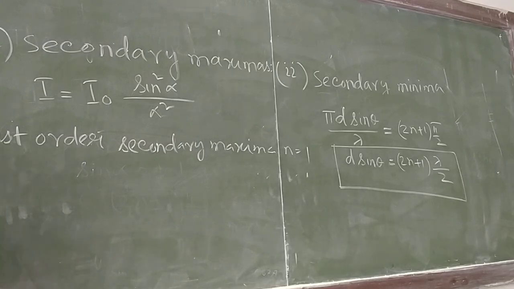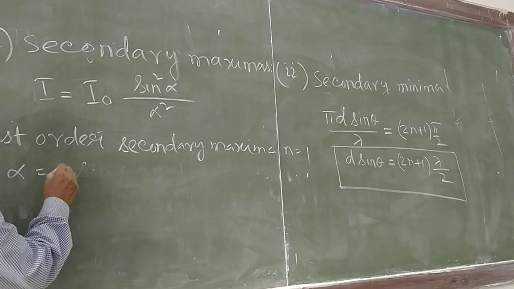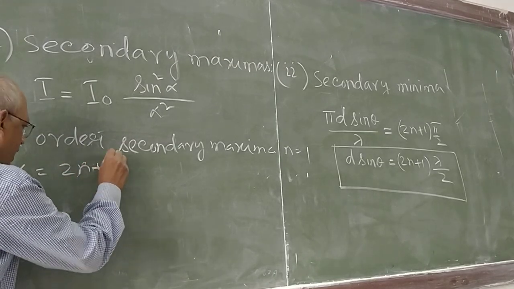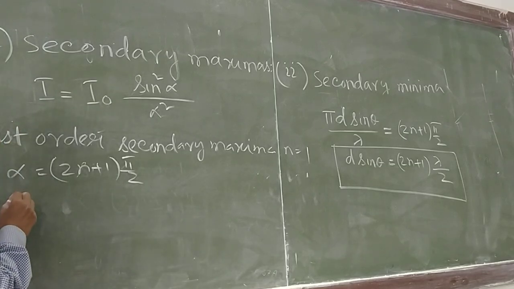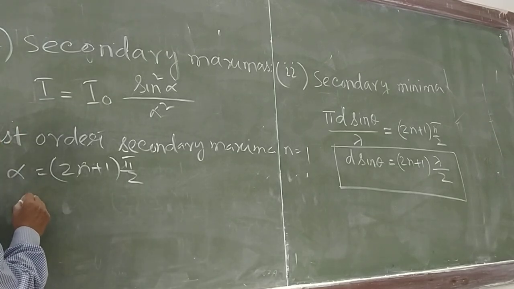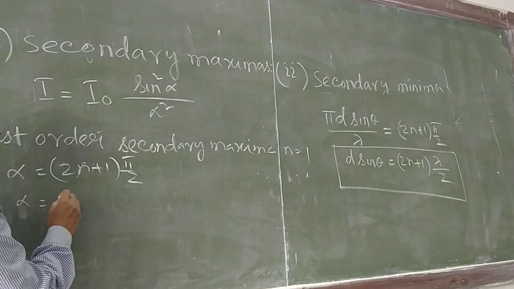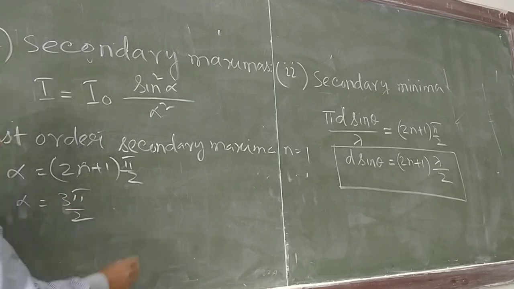If that is the case, alpha will be how much? Alpha is equal to (2n plus 1) times pi by 2. So for n is equal to 1, alpha is equal to 3 pi by 2. 2 plus 1, 3 pi by 2.